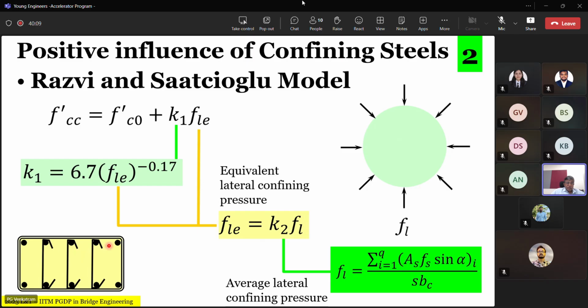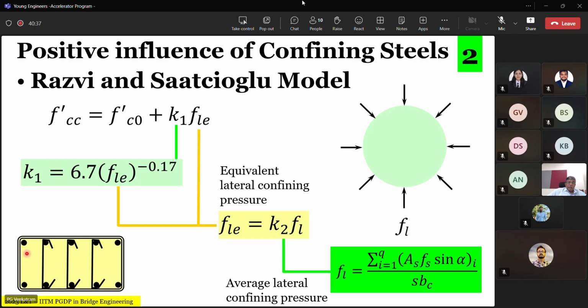In the other direction you have only one bar, and it's also longer, so its stiffness is smaller. So you have lower effective confinement pressure in that direction, and therefore you will have a differential increase in the ultimate compressive stress FCP, as well as in the strain that you look for.